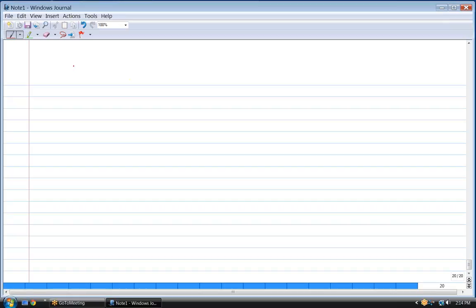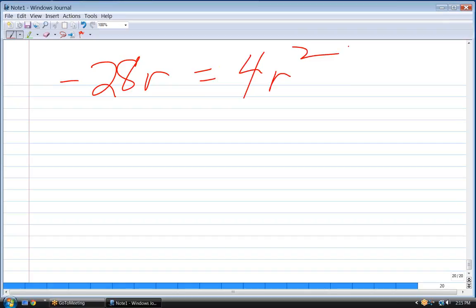Okay. Negative 28r equals 4r to the power of 2. So, would you subtract, or add the 28r on the left side to the right side? I would add, because positive coefficients are preferable to negative coefficients.